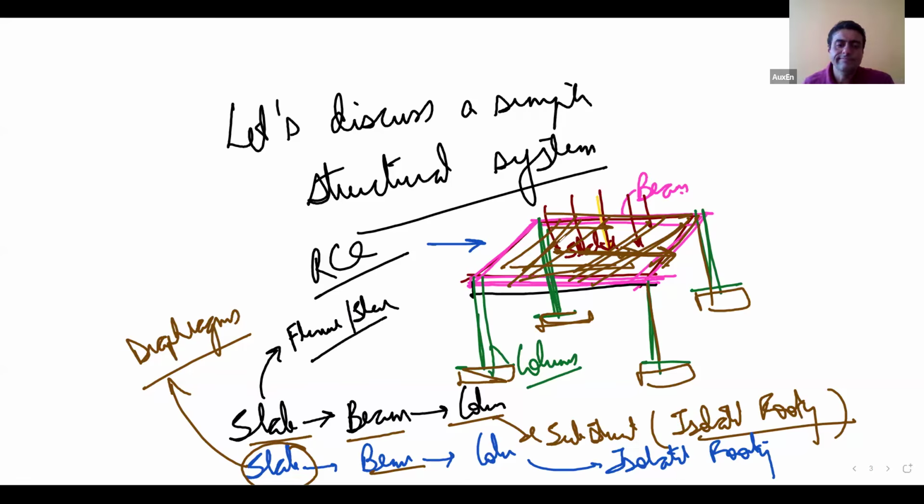Because of the orientation of the slab, because of the loads that were expected on it, the design actions that are generated are majorly flexure and shear. In my beams, because of their orientation, because of their placement, because of their connectivity with slabs, what are the major design actions that they have to resist?